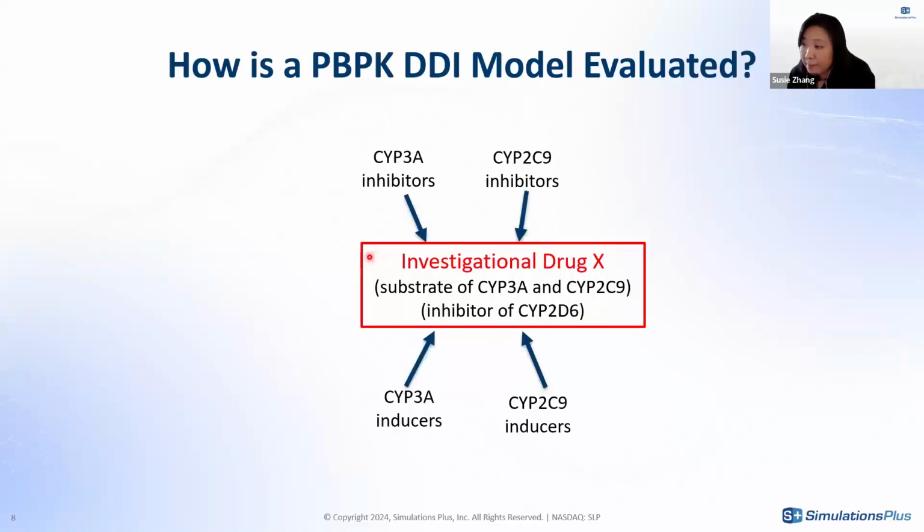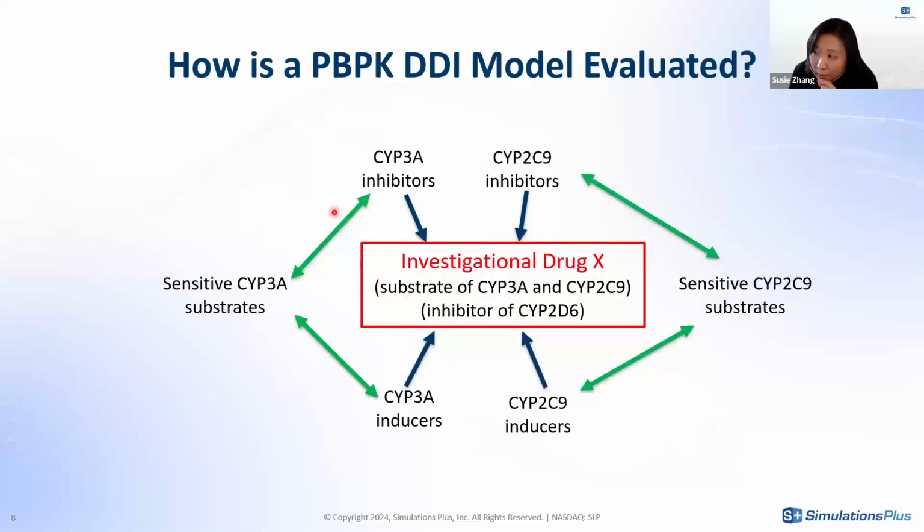And then to evaluate the drug as a substrate from a DDI perspective, we will have a range of CYP3A inhibitors and also a range of CYP2C9 inhibitors. We'll also need a range of CYP3A inducers and CYP2C9 inducers to evaluate the DDI potential for the investigational drug X as a substrate. However, in order to develop those CYP3A perpetrator models or CYP2C9 perpetrator models, we'll need to evaluate the sensitive probe substrate models specifically for CYP3A and CYP2C9.